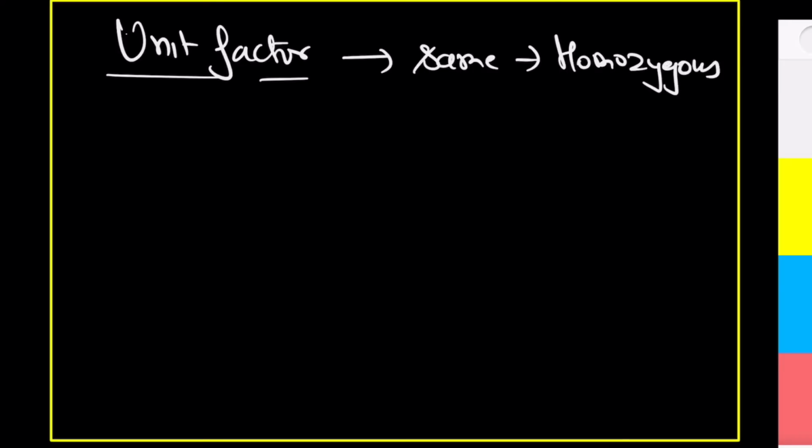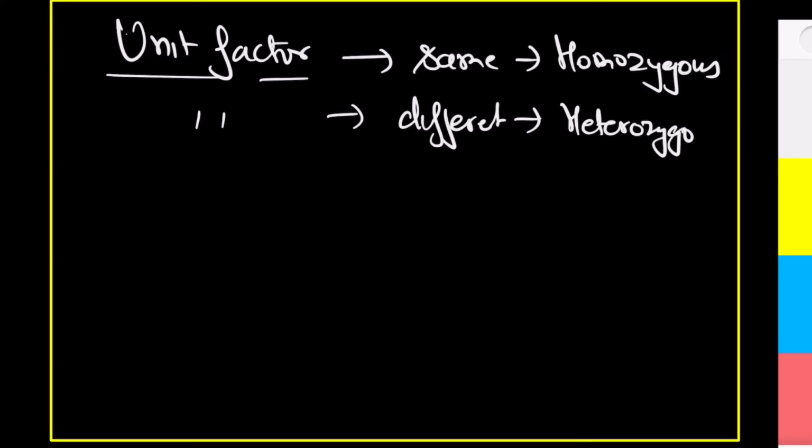In homozygous condition, the unit factors, genes, are going to be the same, while unit factors can be different in heterozygous condition. For example, if you remember capital T, small t, this is going to represent the heterozygous condition.